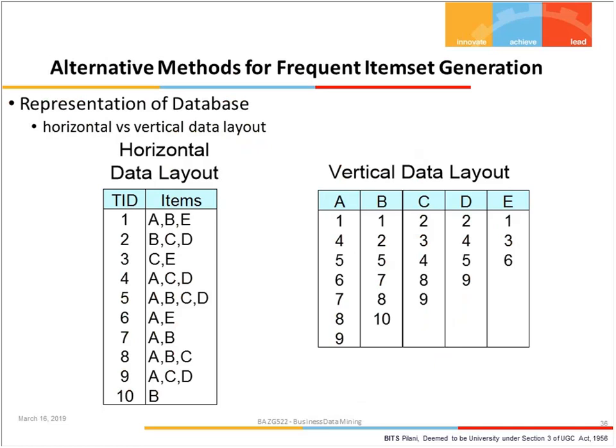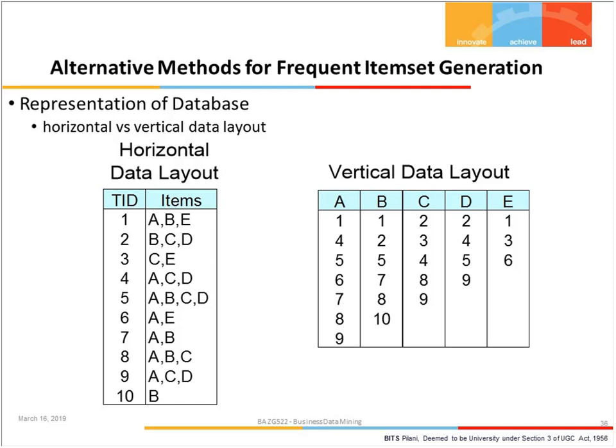Now, to look at some of the alternatives that we have. One alternative that we can possibly consider is that instead of keeping the transactions in the transaction database with a horizontal layout, where each transaction is represented in one record, we can convert that into a vertical layout.